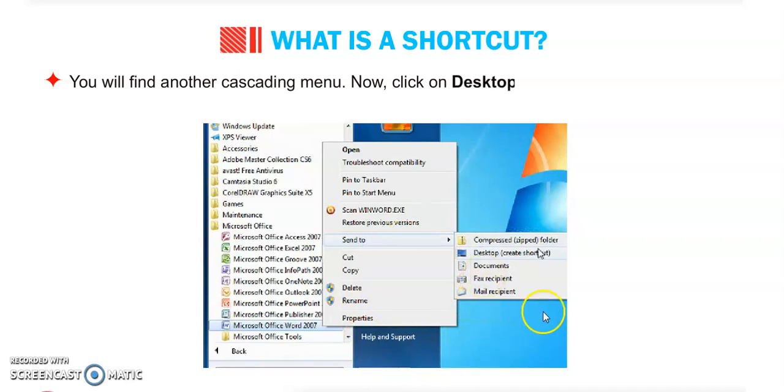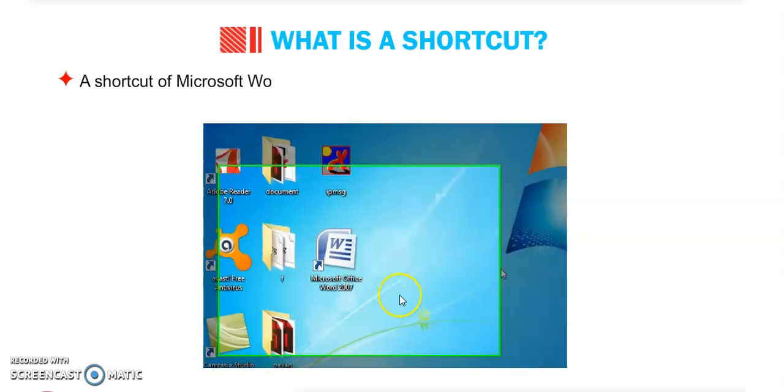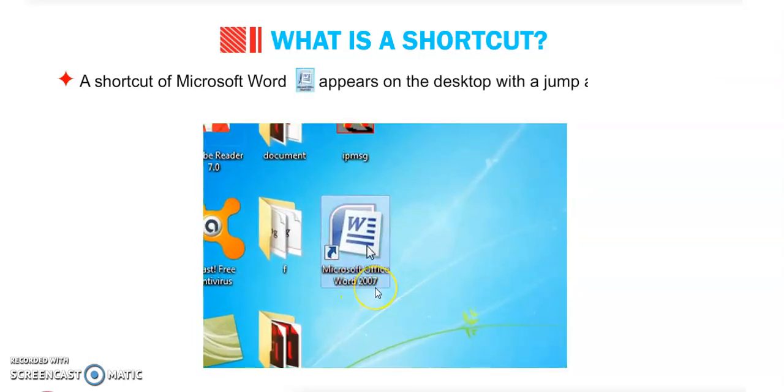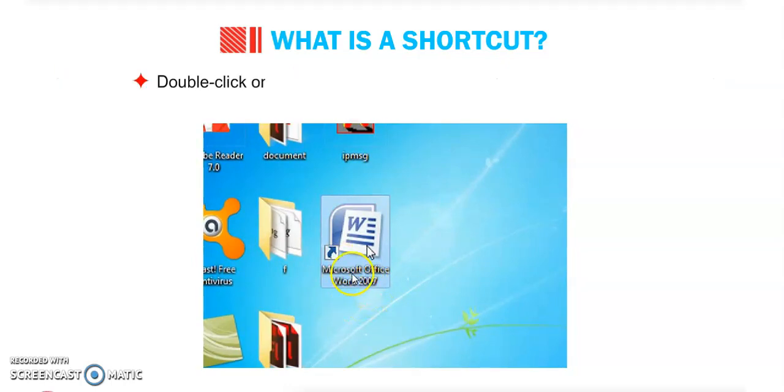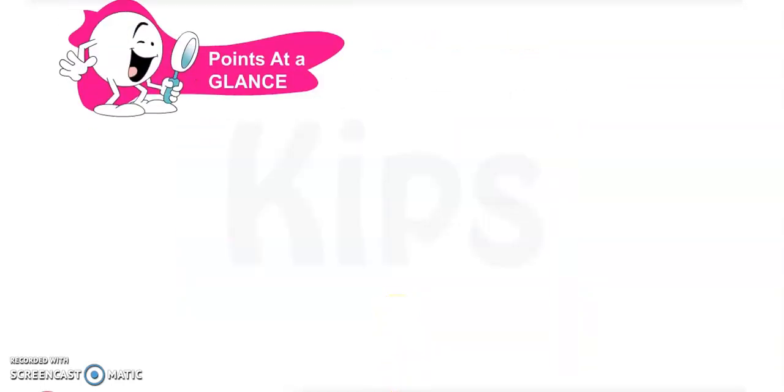You can see here. Now click on the Desktop (create shortcut) option. So a shortcut of MS Word appears on the desktop with the jump arrow in the lower left corner. You can see here it will create the shortcut icon. Then for opening MS Word, double click on that shortcut. We can open it directly.